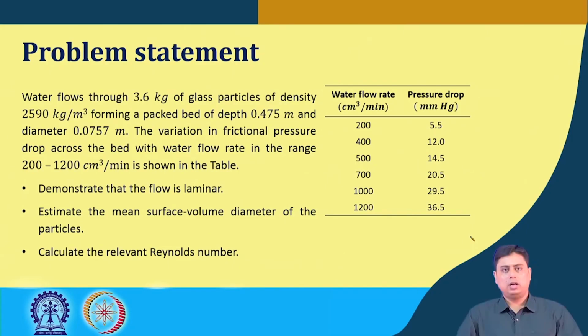So, the problem mentions that water flows through 3.6 kg of glass particles of density 2590 kg per meter cube, forming a packed bed of depth 0.475 meter and diameter 0.0757 meter.